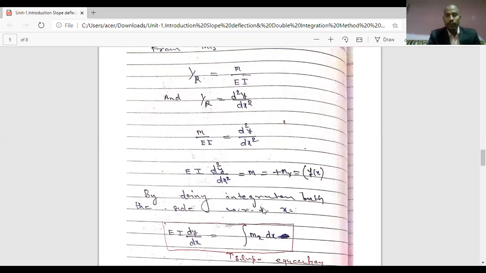So by integrating both sides with respect to x of this equation, we derive the slope equation. This equation is called the slope equation: EI dy by dx equal to integration Mx dx.